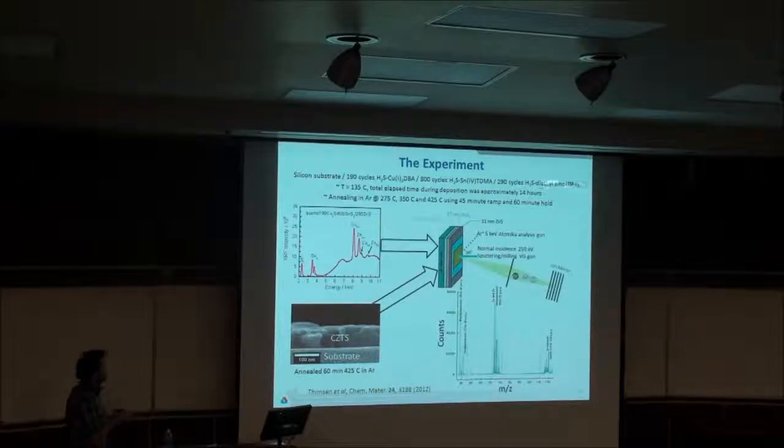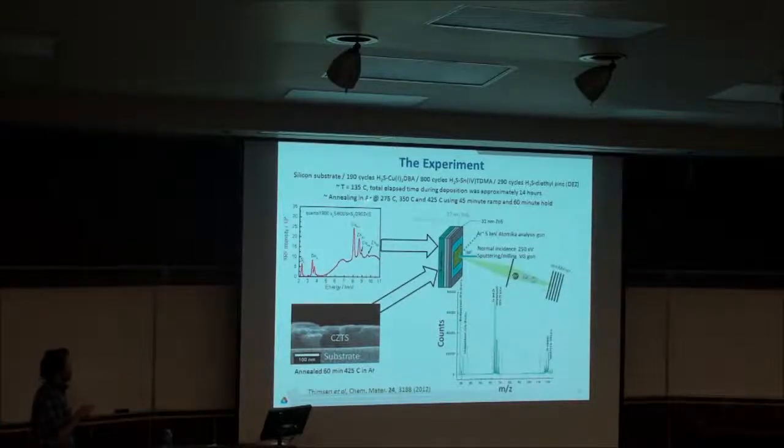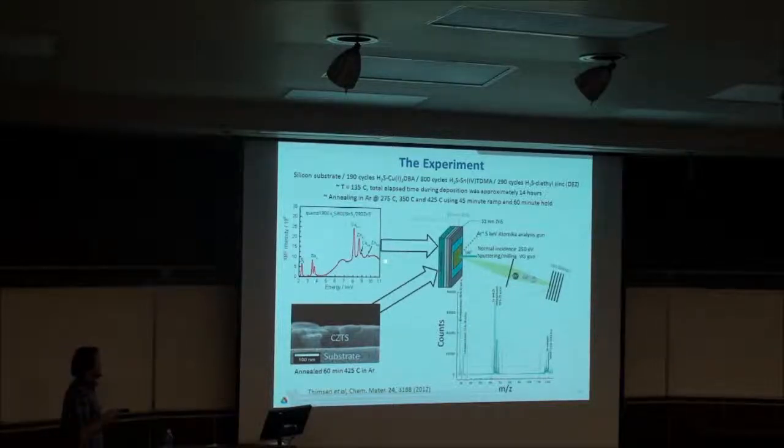for approximately 1 hour. This is the X-ray reflectivity signature of the 3-layer stack of copper sulfide, tin sulfide, and zinc sulfide. That is how we calculated the so-called areal densities of the material.